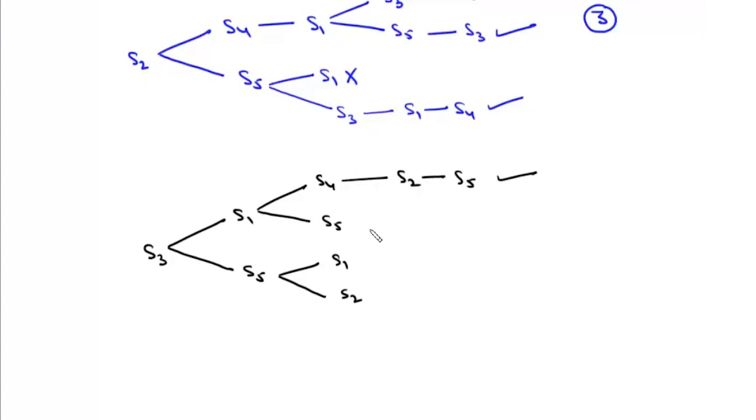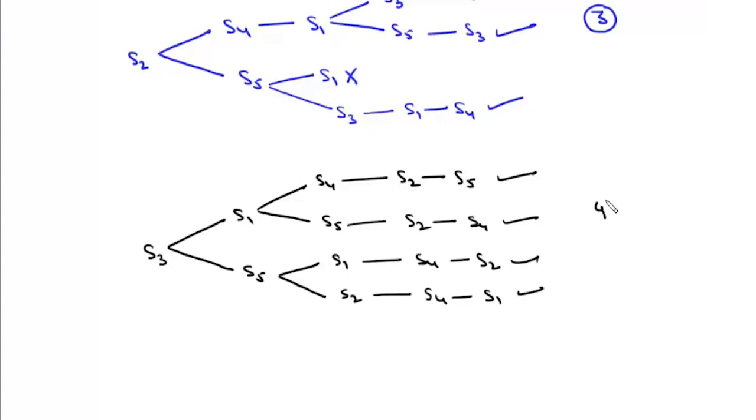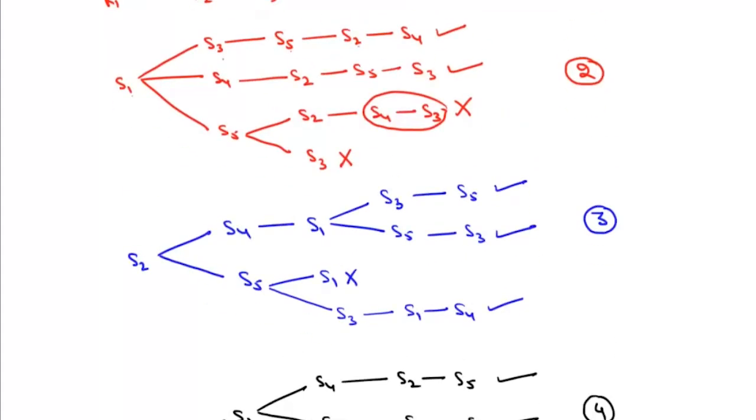So we have one case here. If it is S5, then it will be S2 and S4. Again, this case is possible. Now if it is S1, then it will be S4, S2, and here it will be S4 and S1. So for this third case, we have four possible arrangements.